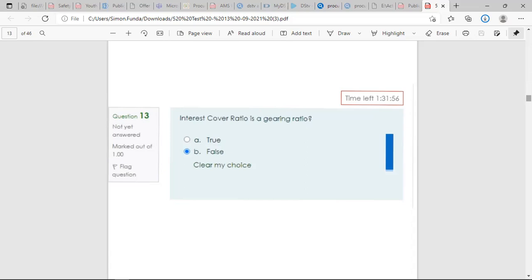When you do that, you may have, for example, 2 times, 3 times, 4 times, meaning you will be very comfortable as a company to say we are able to pay the interest obligation that we have to the lenders. So it is supposed to be true and not false.